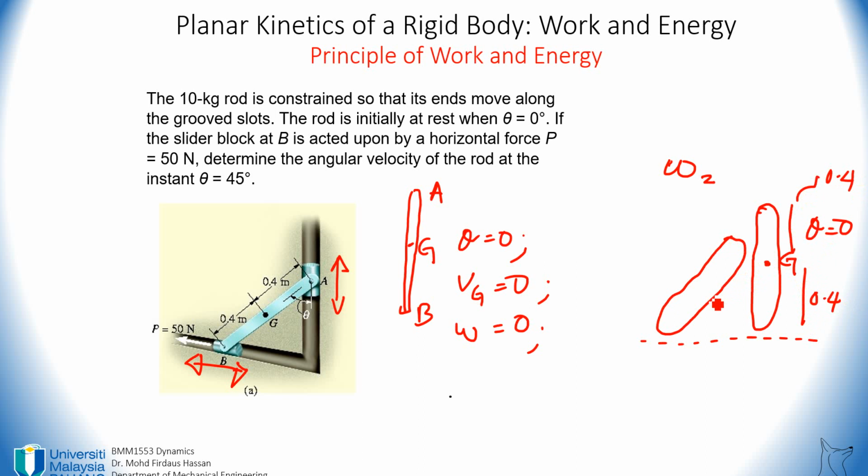Now, when it displaces by 45 degrees, G is reduced. This is the level of G. Now the level of G is somewhere here. This is your new G, the new position of G. You can imagine that this is delta Y. And then one thing is the external force given, 50 Newton, from rest until point 2.